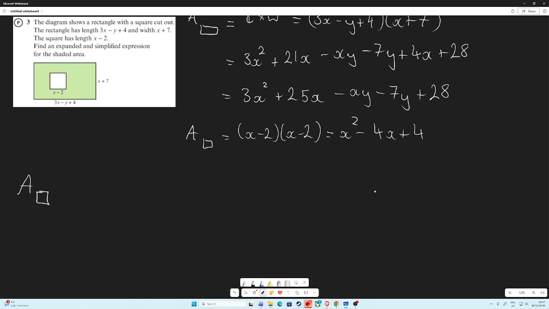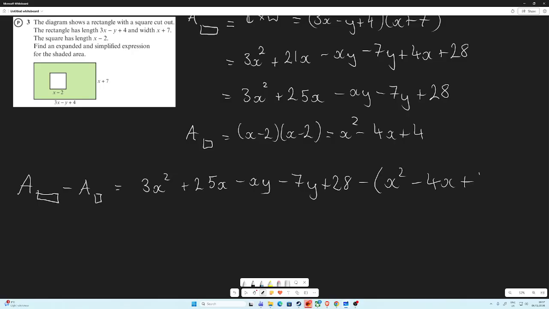Okay, so the shaded area is the area of the rectangle minus the area of the square, which is 3x squared plus 25x minus xy minus 7y plus 28 minus, let's put that in brackets because of the negative signs, x squared minus 4x plus 4.